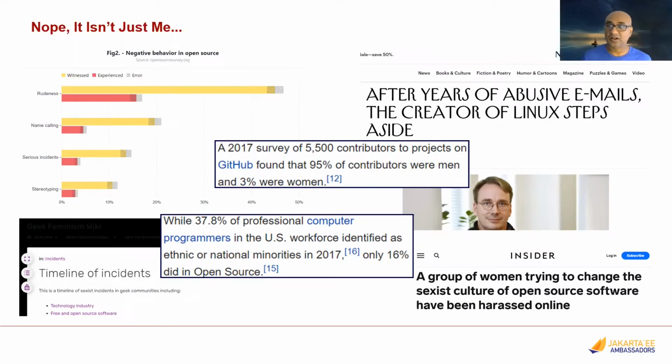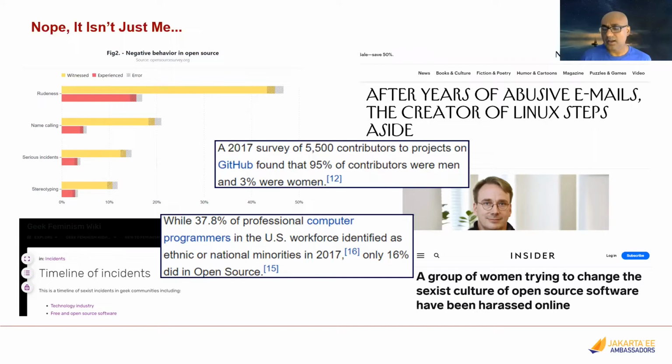Business Insider describing how women that are talking about sexist culture themselves are subject to sexist harassment, right? So this is the norm in our industry. It's actually not an exception. And really, we should be very concerned about why this is our reality. In the online world, this is the reality we live in, especially in open source.